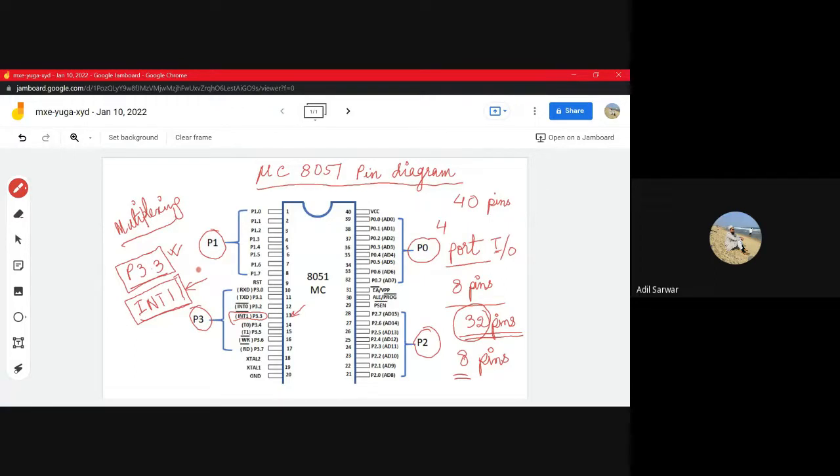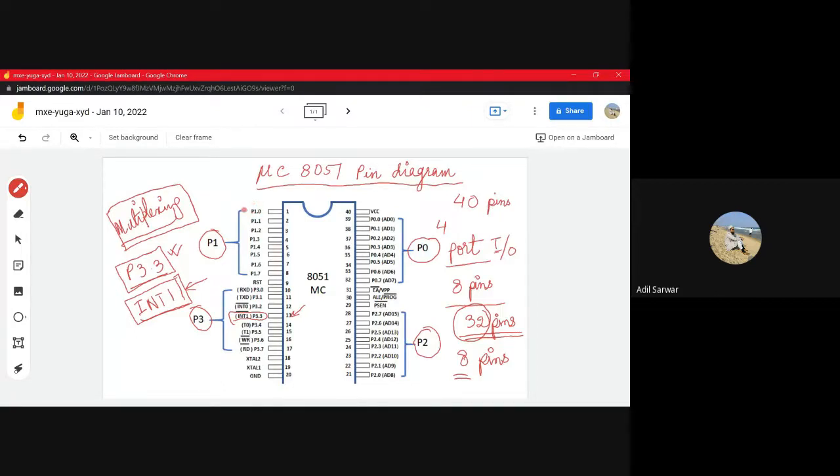So it will act as an IO port or as an interrupt pin, depending again on the programming condition, what you program. Okay, so multiplexing basically refers to a condition in which a single pin is used for more than one application. It could be 2 or even 3.